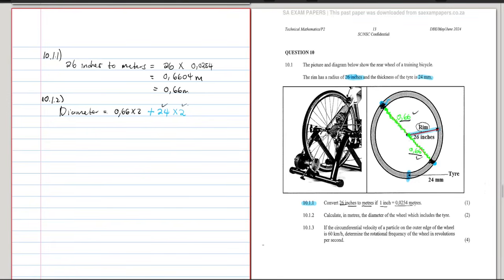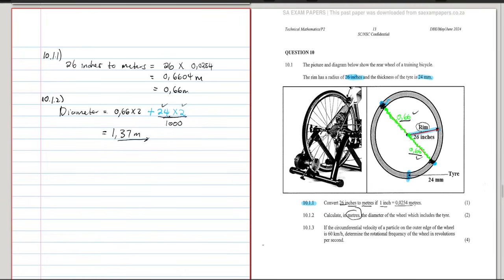Keep in mind the 24 is in millimeters, and the question says calculate in meters. So I also need to divide by 1,000 to convert the millimeters to meters. So 0.66 times 2 plus 24 times 2, divided by 1,000. I am getting 1.37 meters in 2 decimal places.